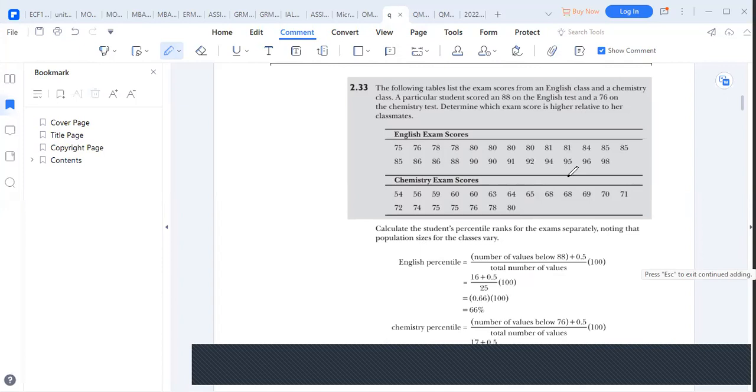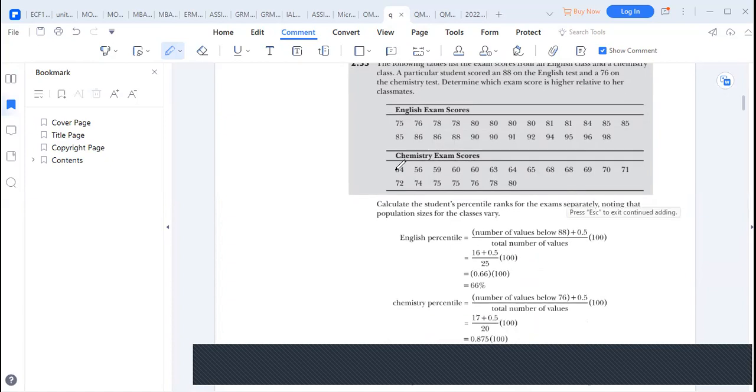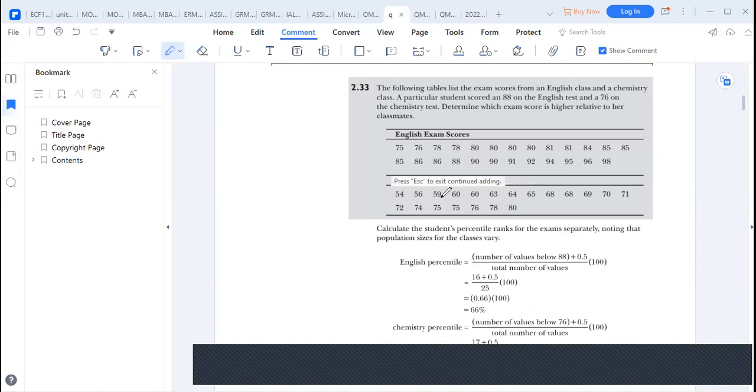Here we have English: how many are there? 1, 2, 3, up to 25. Then here, chemistry: 1, 2, 3, up to 20. So here there's 20, there's 25.